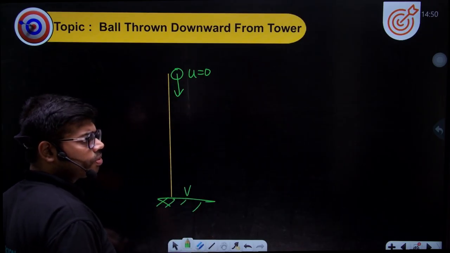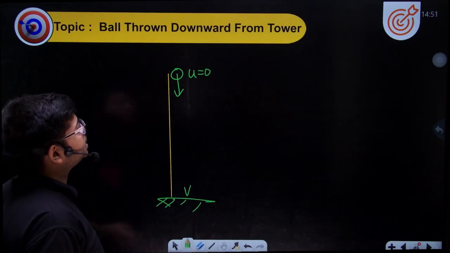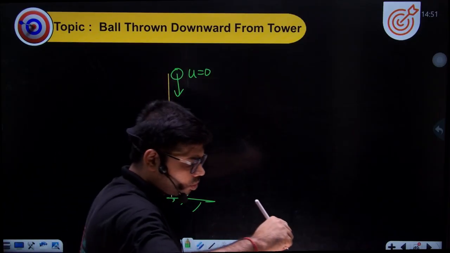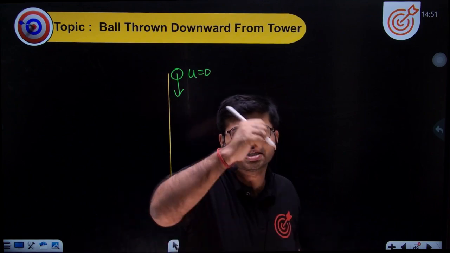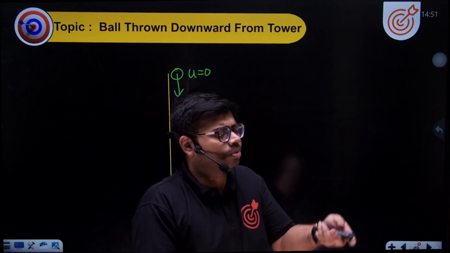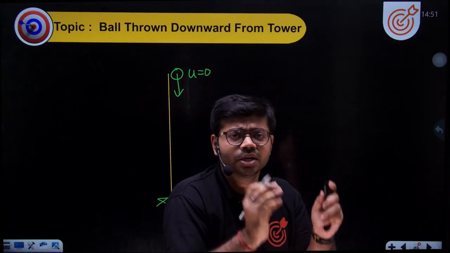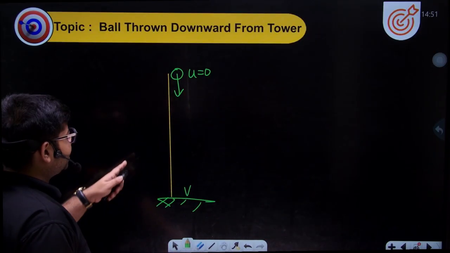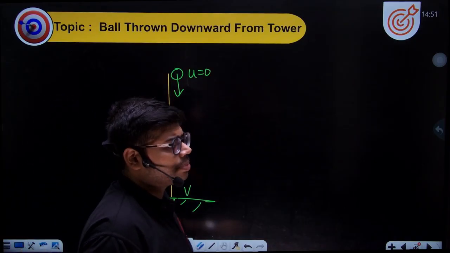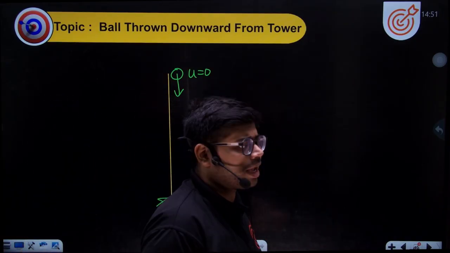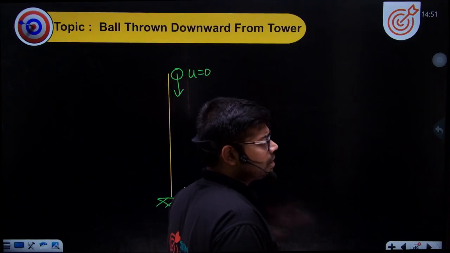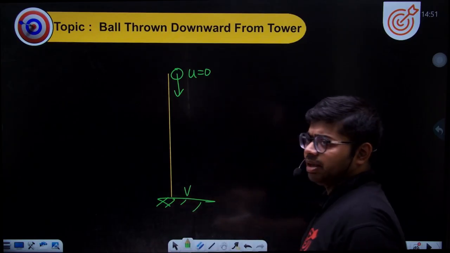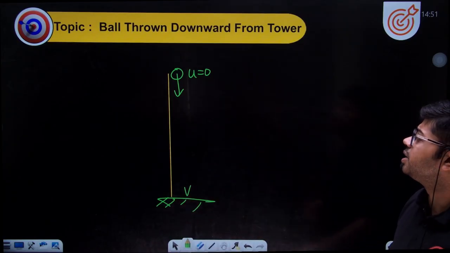Another way is when you throw it with an initial velocity. We can also give it some force, not always that it should be from 0 only. We are giving it some initial velocity. So at that time, obviously your time of reaching the bottom is going to decrease. Why? Because you are giving it an initial velocity, otherwise it is the same. It will not depend on mass.